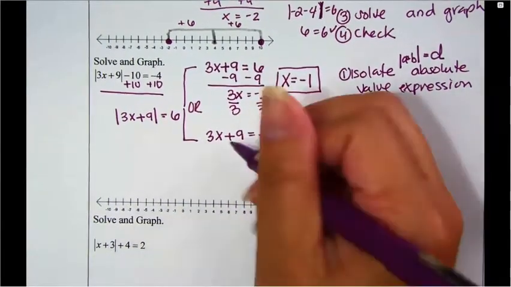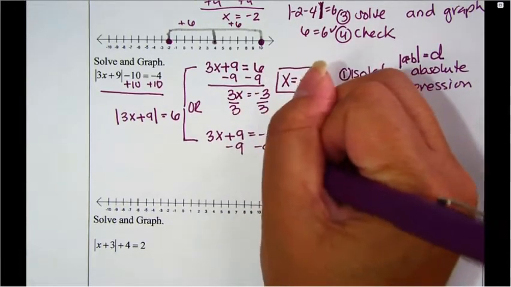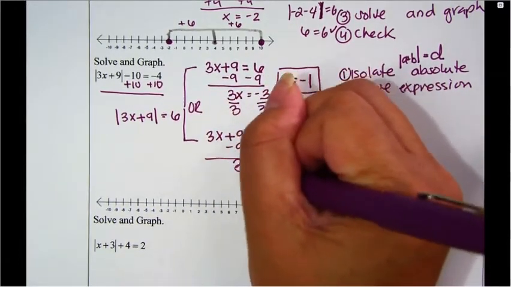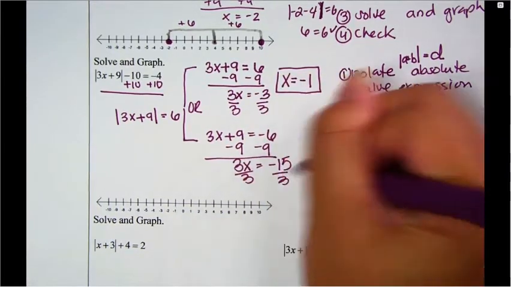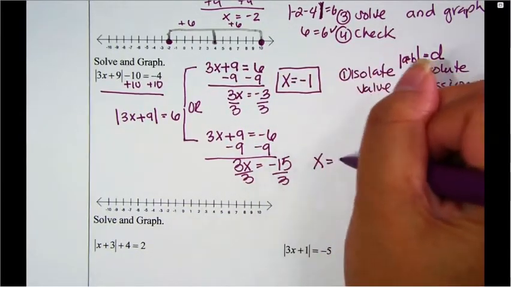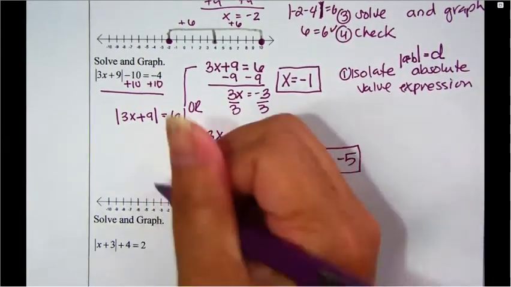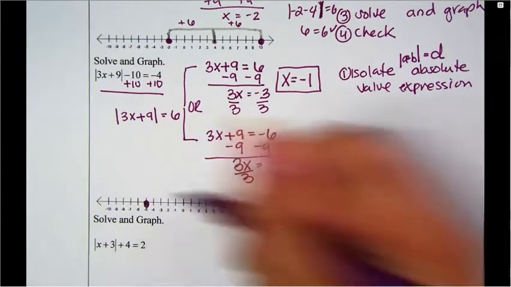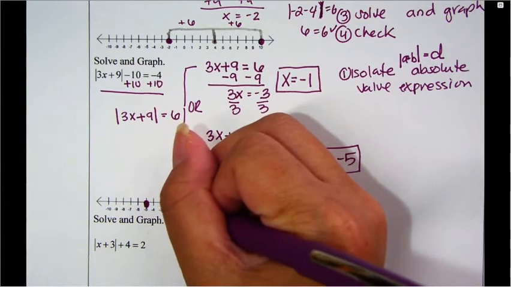All right, then we have 3x plus 9 equals negative 6. So I'm going to subtract 9 from both sides of the equation, and we get 3x equals negative 15, divided by 3, and I get x equals negative 5. So our two solutions are negative 5 and negative 1.